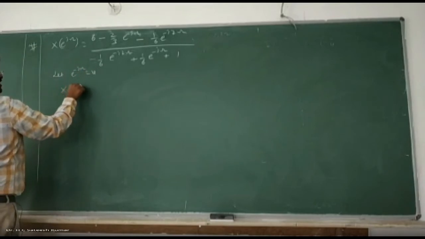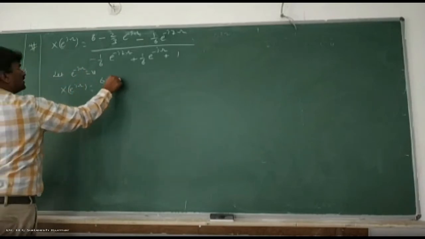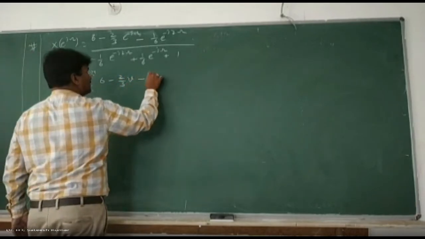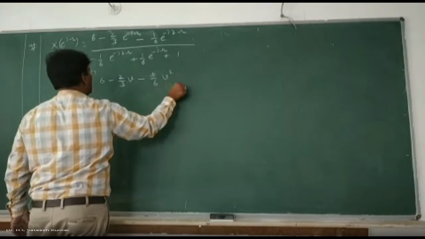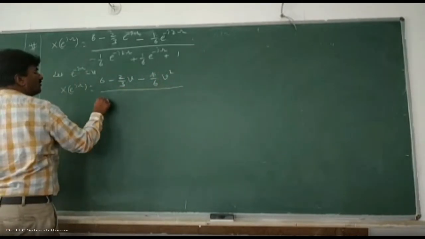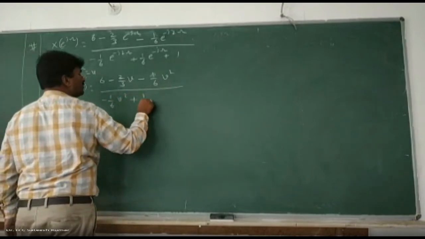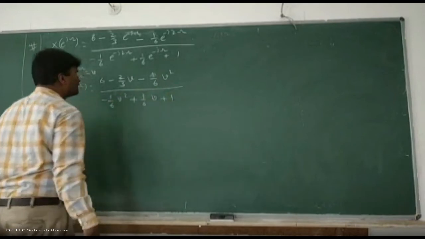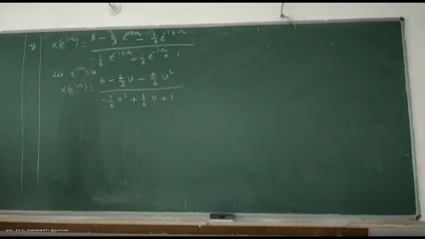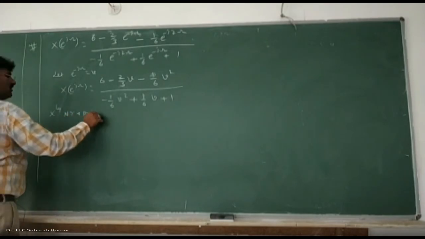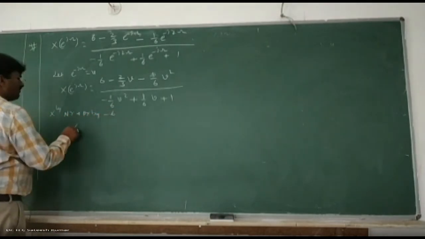Therefore, X of e to the power of j omega is equal to 6 minus 2 by 3 into v minus 1 by 6 into v square divided by minus 1 by 6 into v square plus 1 by 6 into v plus 1. Okay, right. Multiply numerator and denominator by minus 6. It will be simplified form, you will get it. That's it.